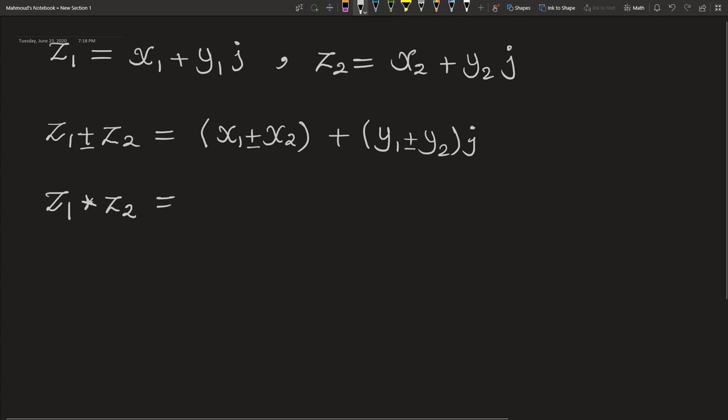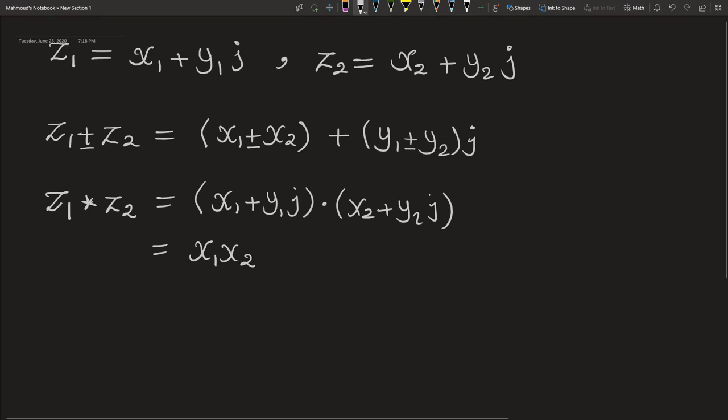We can write this formally as x1 plus y1 times j, times x2 plus y2 times j, and we can expand the bracket to obtain x1 x2, plus x1 y2 j, plus y1 x2 j, plus y1 y2 j square.